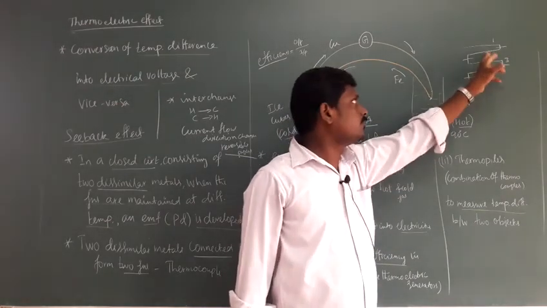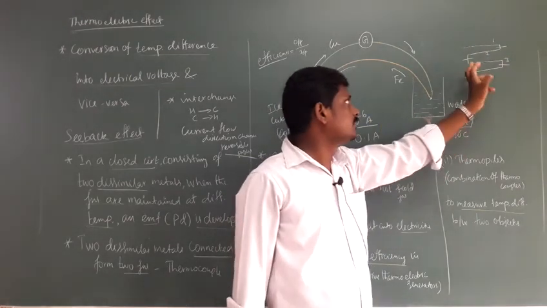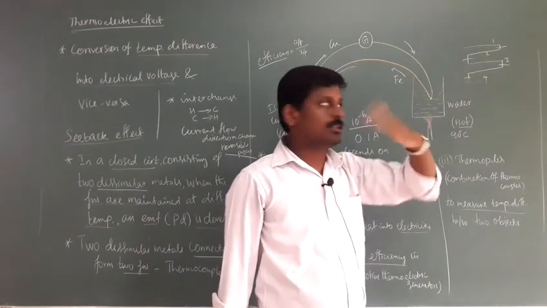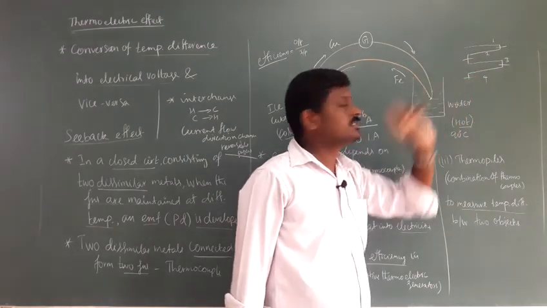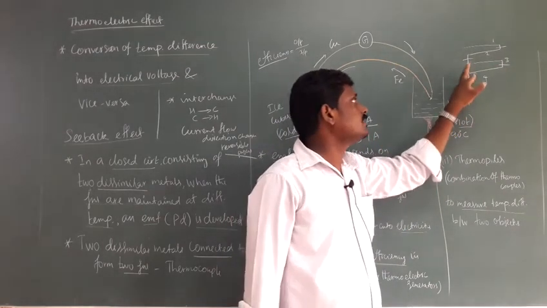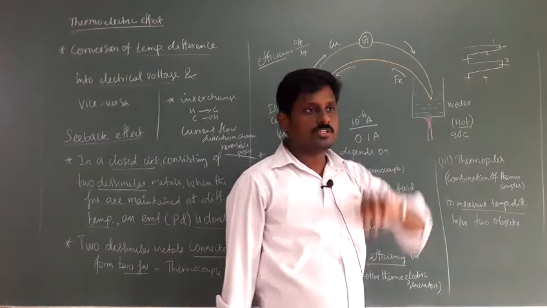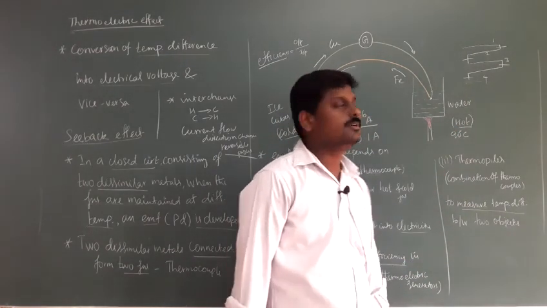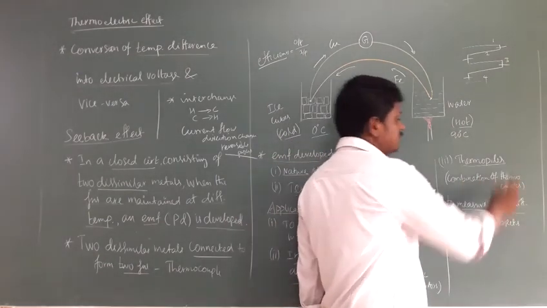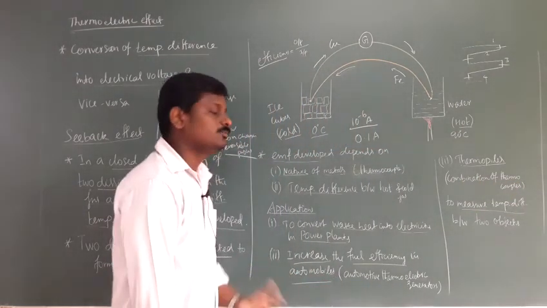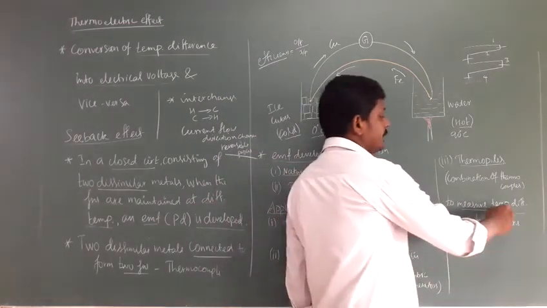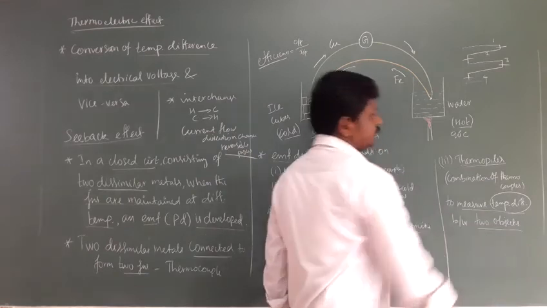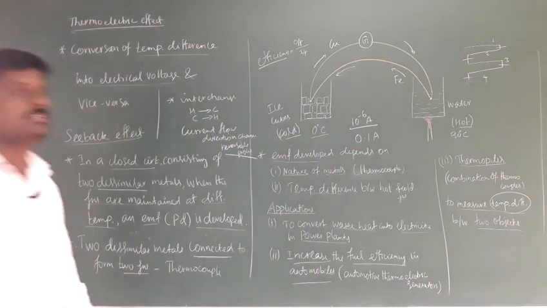Metal 1 and 2 combine to form a thermocouple. Again from this point to this is some other metal, and again another metal. Two different metals connected to form two junctions make a thermocouple, and a series of thermocouples produces a thermopile. Thermocouples and thermopiles are used to measure the temperature difference between two objects. These are the applications of the Seebeck effect.